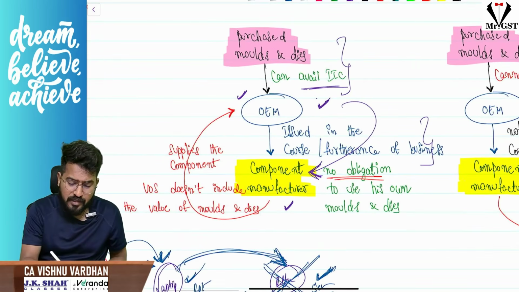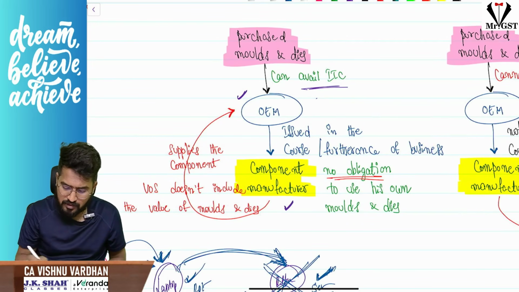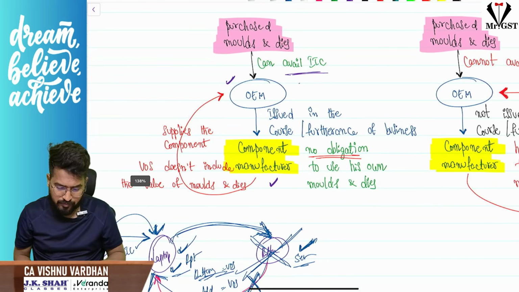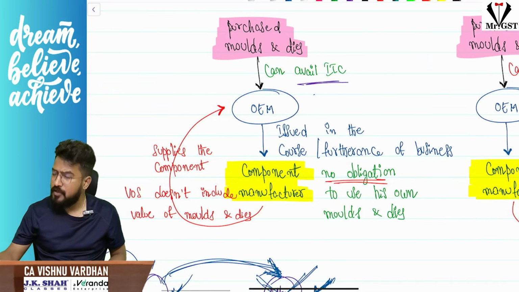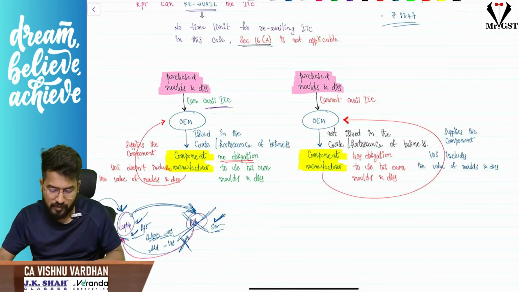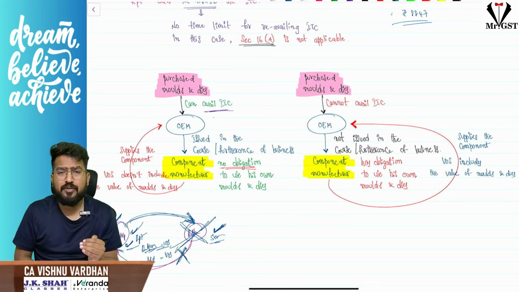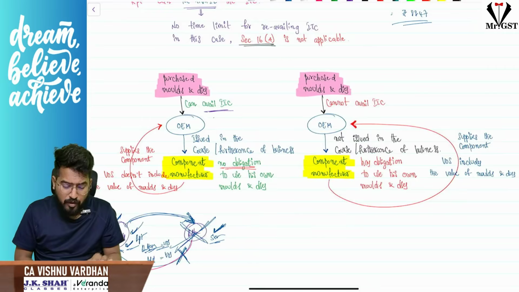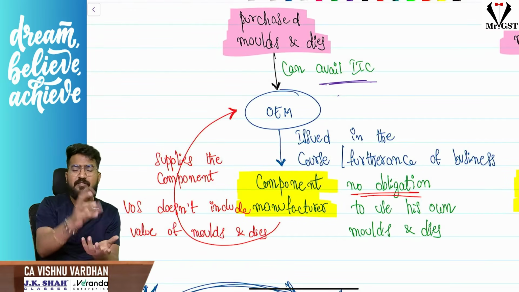Just go through that. And next, with this we are done with section 16 subsection 2 as well. Sorry, one more small point we have missed out. If the component manufacturer doesn't have an obligation to use his own molds and dies, you are buying and giving, then no problem.